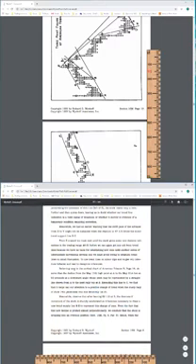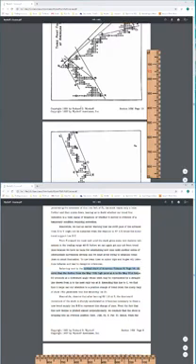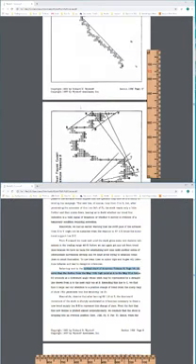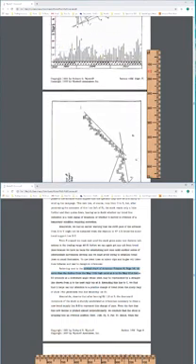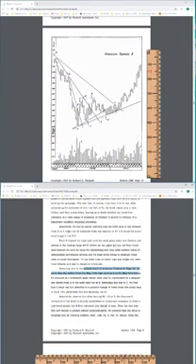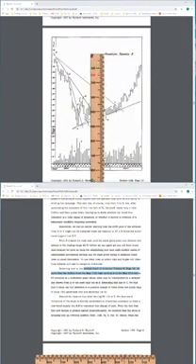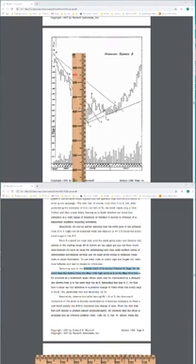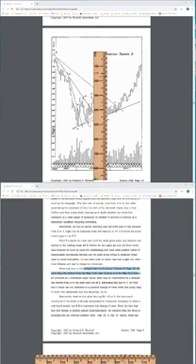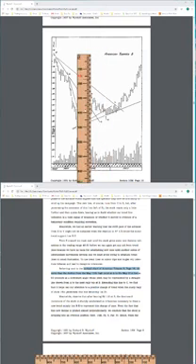Alright, finally, page 16. Let's see what this guy's doing over here. Alright, so you basically have the high to low.